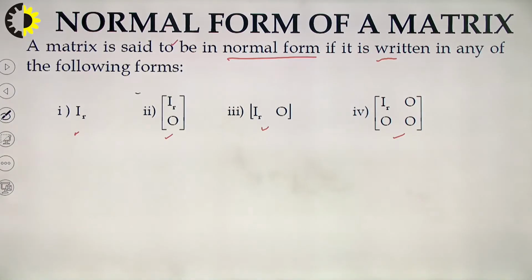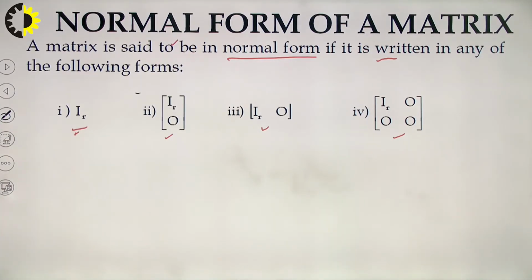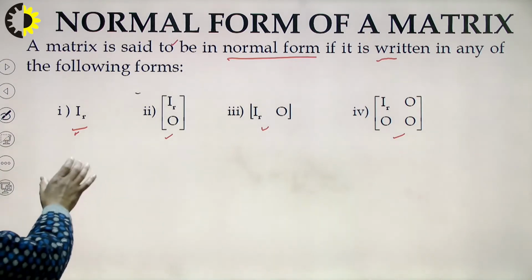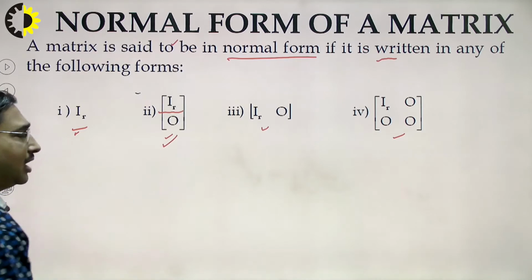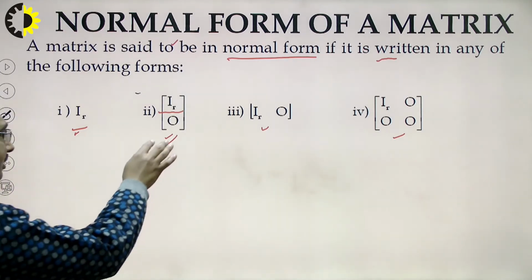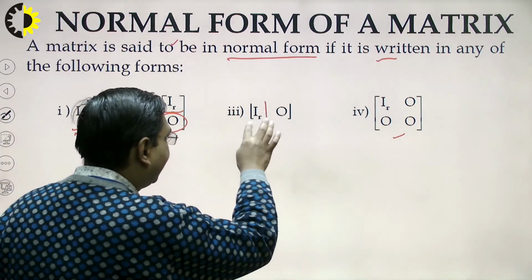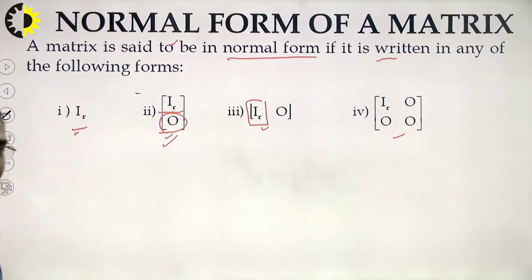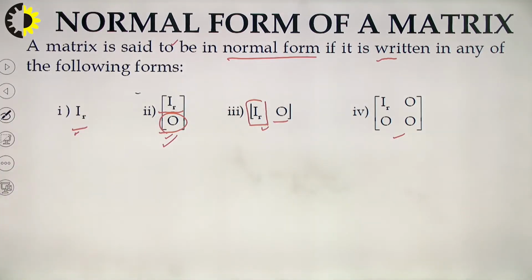Now, what is meant by these forms? I_r is nothing but an identity matrix, which means if an identity matrix is there, then we say that this is in normal form. This form means identity matrix in the upper part, and the bottom part of the matrix has only zeros. This form means identity matrix on the left part, and the right part of the matrix has only zeros.